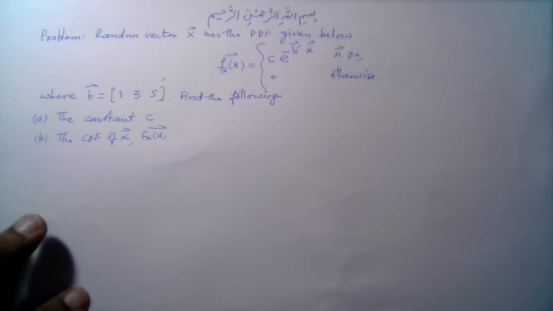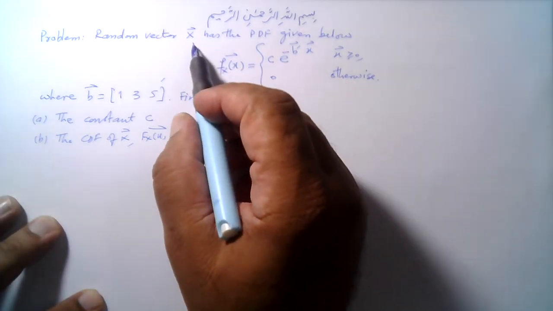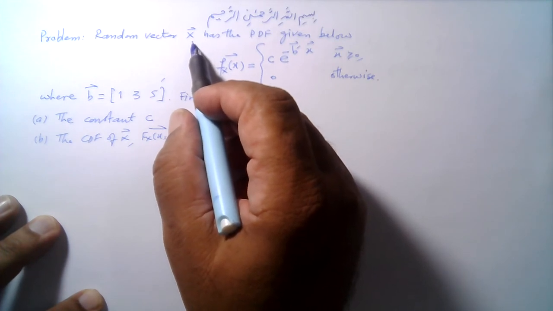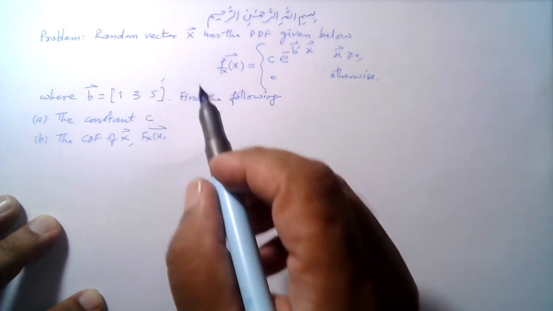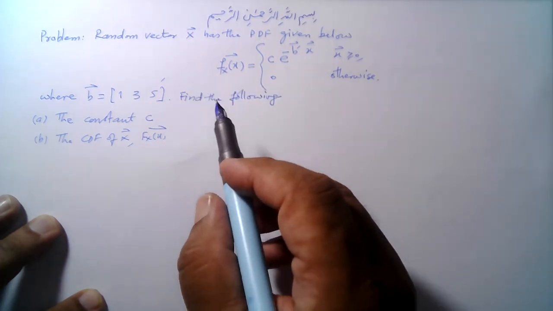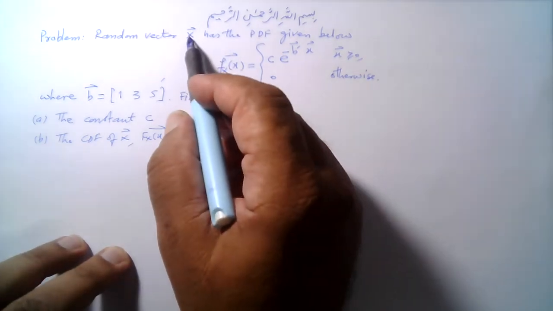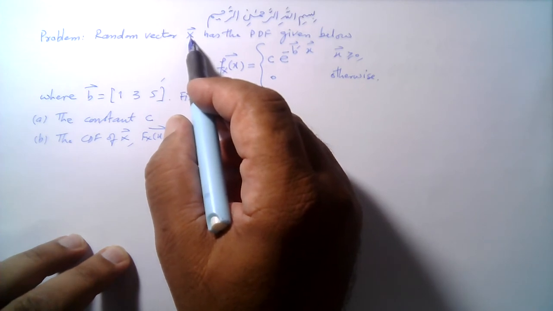So here in this problem we are given a random vector, and while in print and in books this random vector x is usually denoted using a boldface letter, here with handwriting we usually use a bar over this x to denote that this is a random vector x. This is not a single random variable, this is a random vector instead.